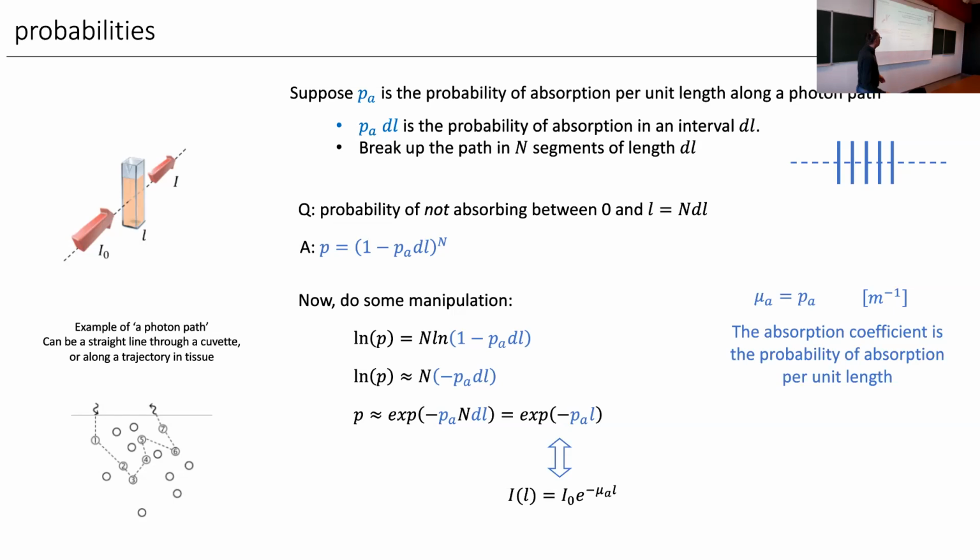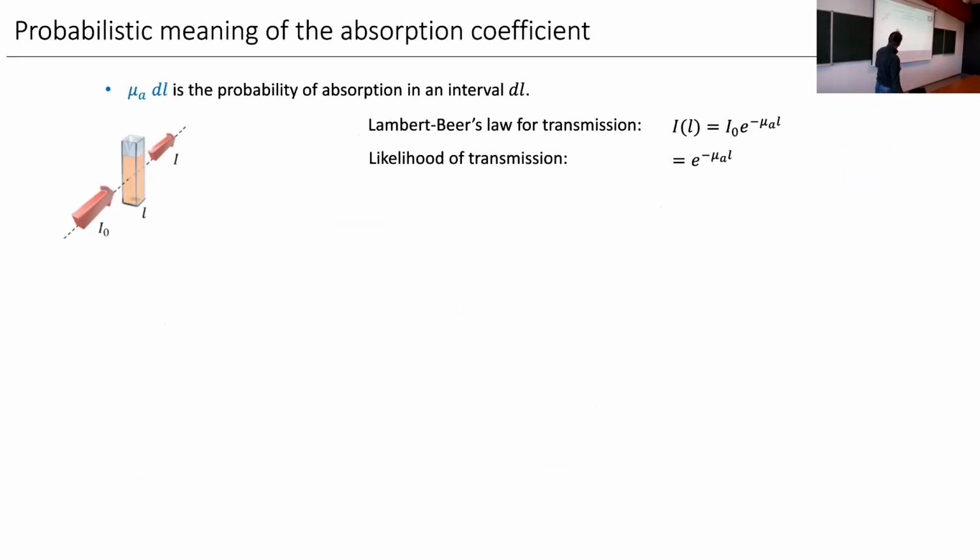That means that the absorption coefficient is identified with the probability of absorption per unit length. The same goes for the scattering coefficient: it is the probability of scattering per unit length.